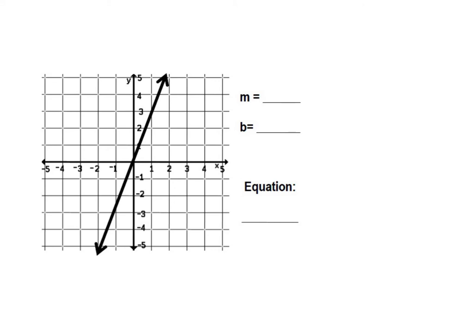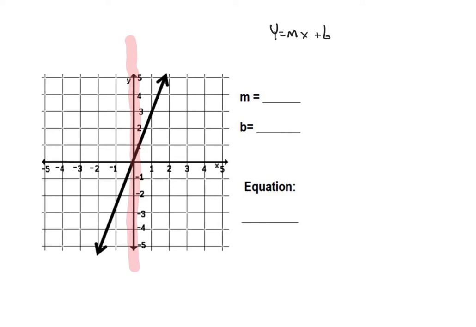Okay, so again, looking at y equals mx plus b. And again, I'm going to start by finding my y-intercept. And this one's a little bit different because we're actually looking at the graph of a proportional equation, a proportional graph.